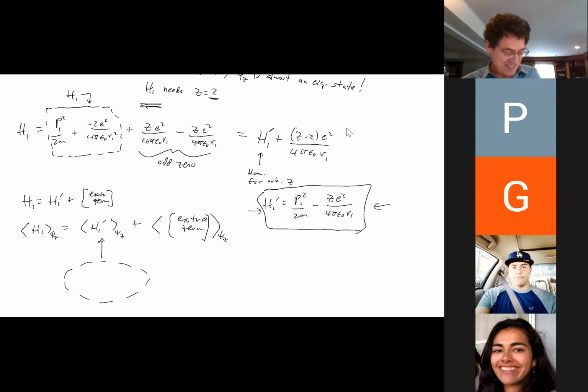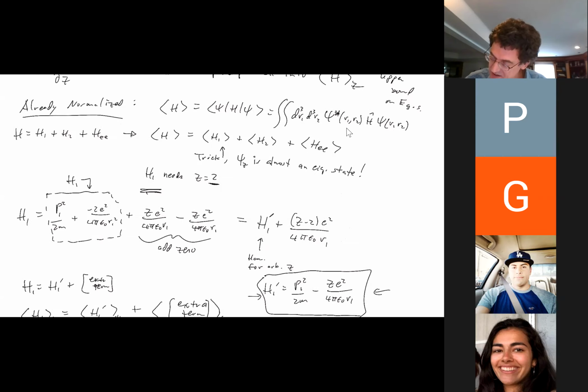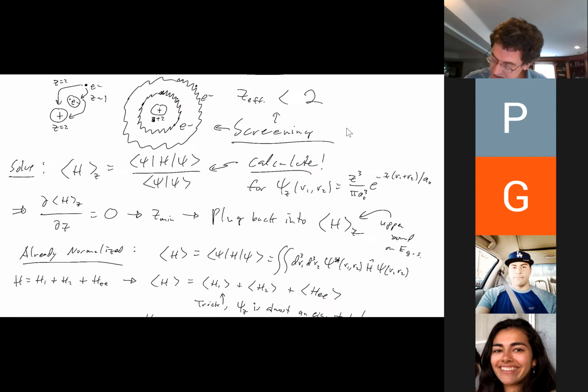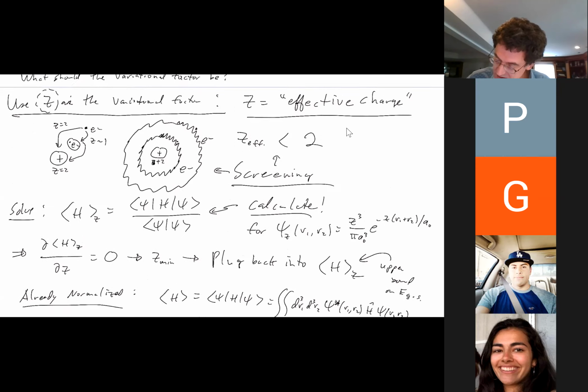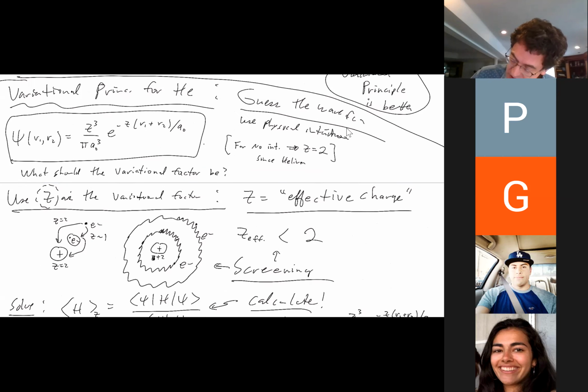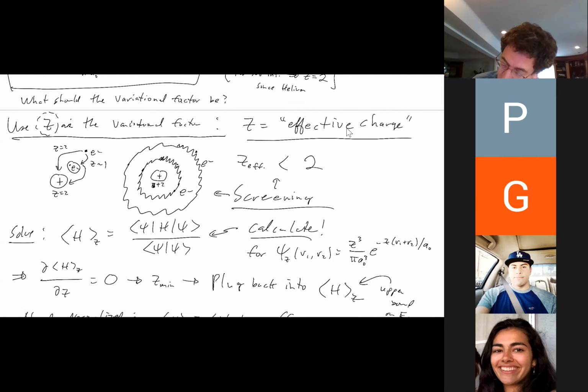It's a trick, because H1 prime is acting on this wave function. Here's my wave function, see that wave function? I have the stars here. H1 prime is acting on that. What is the relationship between this wave function and H1 prime?